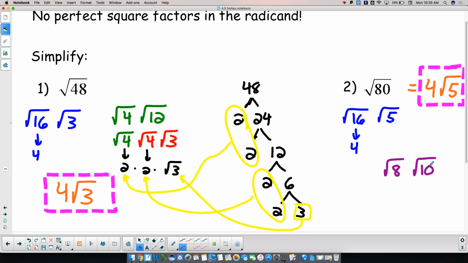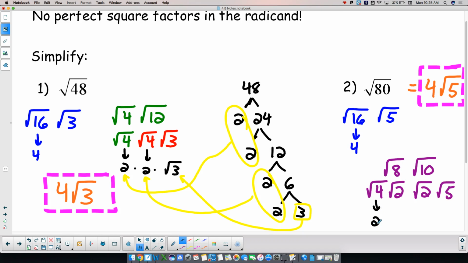But the square root of 8 is the square root of 4 times the square root of 2, and the square root of 10 is the square root of 2 times the square root of 5. The square root of 4 becomes 2.